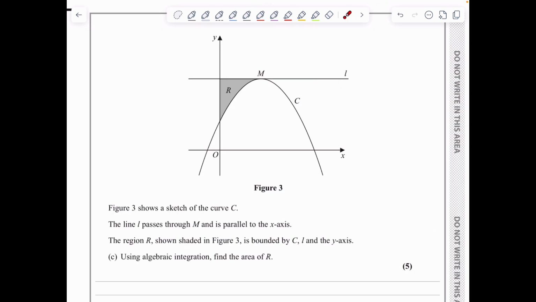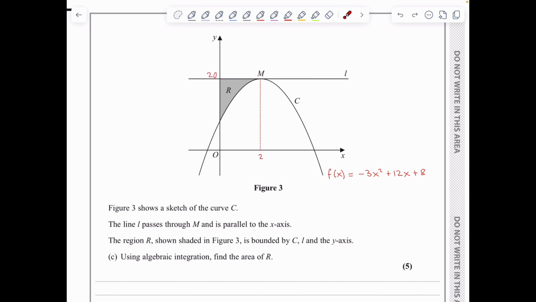Now in figure 3, we've got a sketch of the curve C. We are told that the line L passes through the maximum point and is parallel to the x-axis, so we're looking at a horizontal line, and we need to use algebraic integration to determine the shaded area R. So we know the equation of the curve. We also know the coordinates of point M, it's 2, 20.